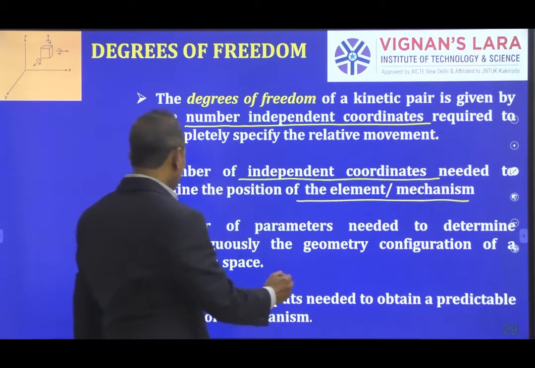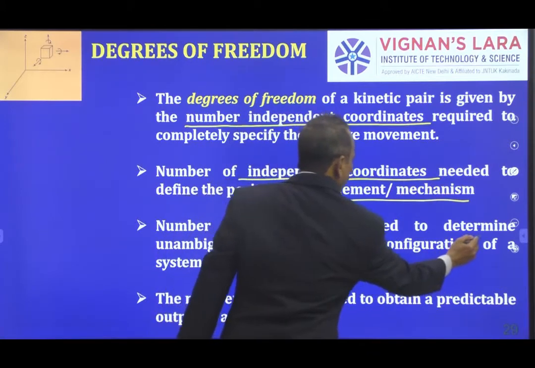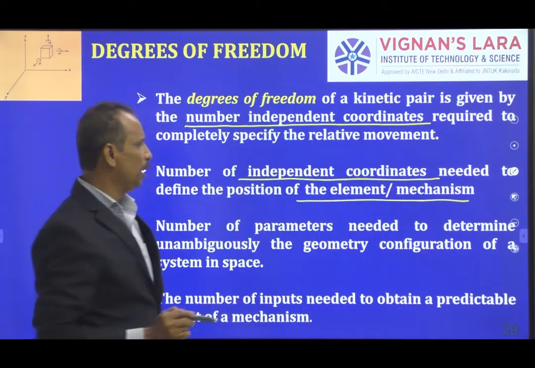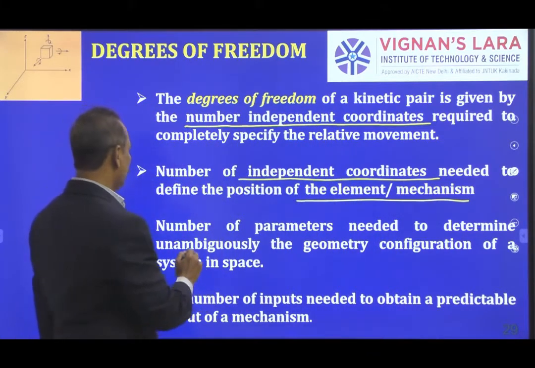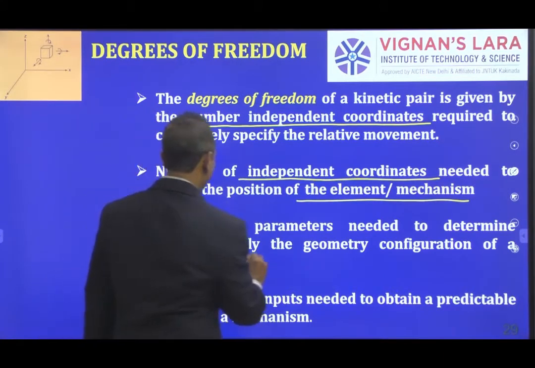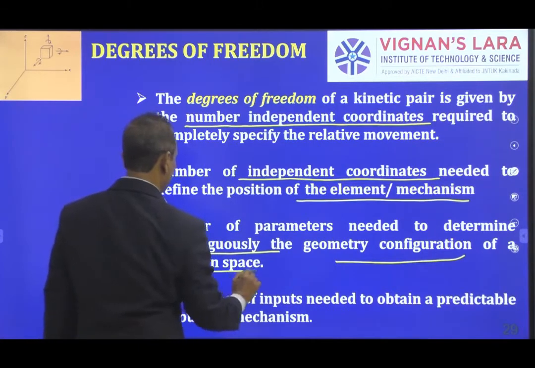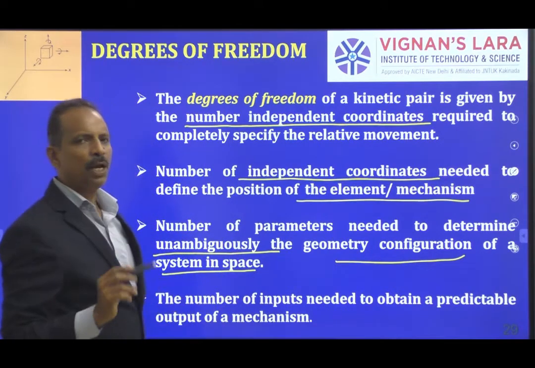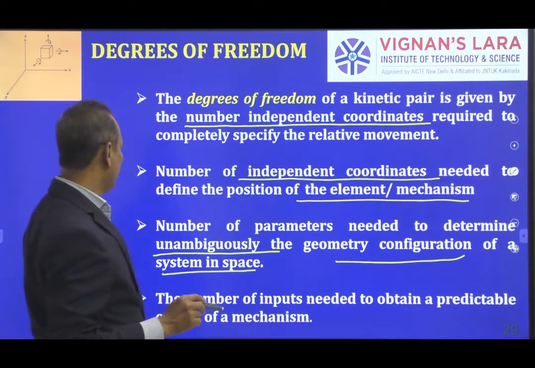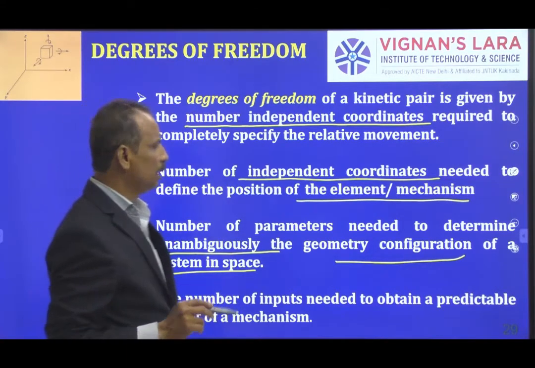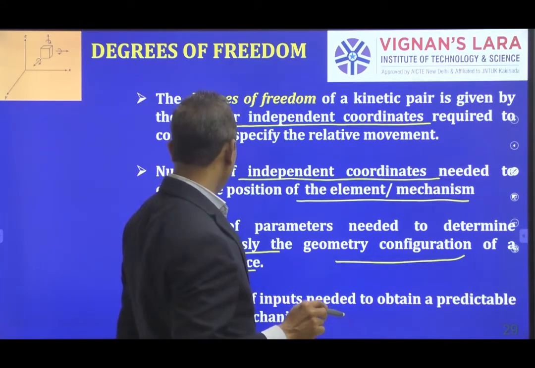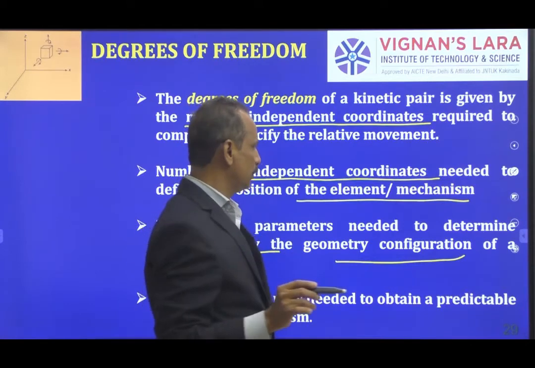Similarly, you can also define it like this: number of parameters needed to determine unambiguously the geometry configuration of a system in a space.